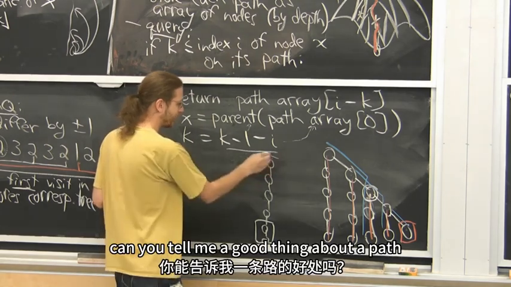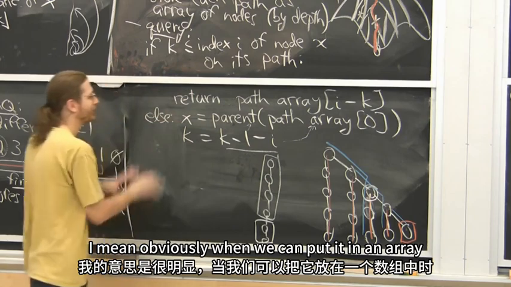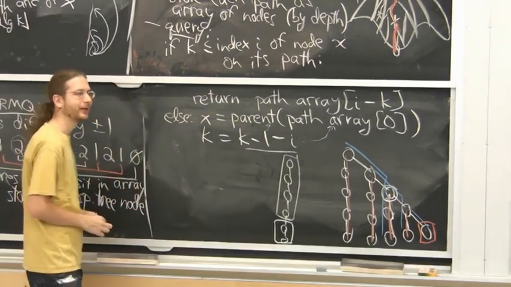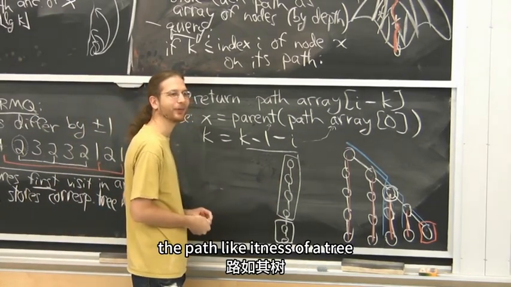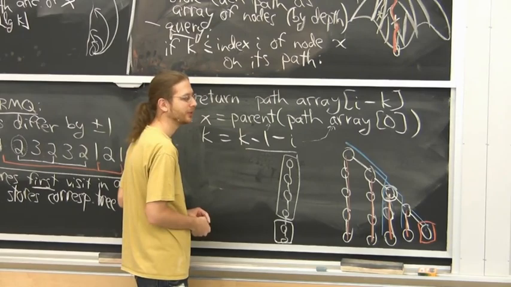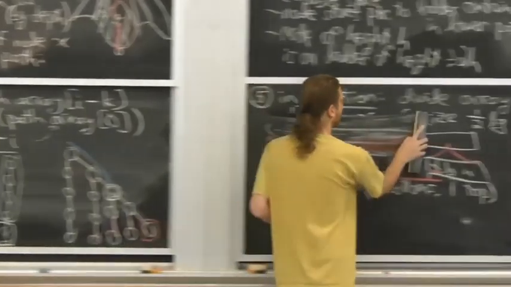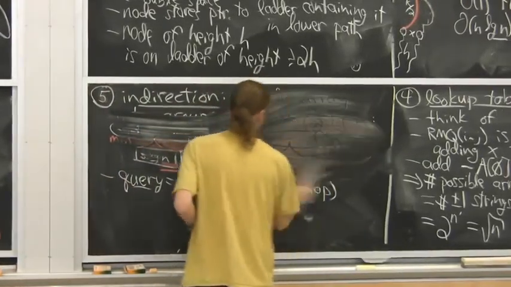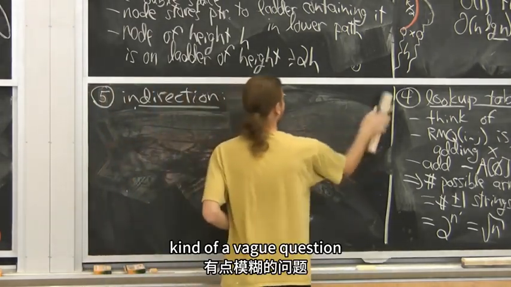Can you tell me a good thing about a path? Obviously, when we can put it in an array, but can you quantify the goodness or the path-likedness of a tree? It's kind of a vague question.